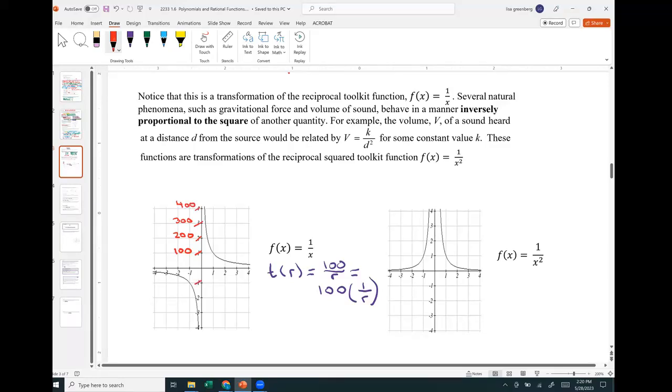This would be negative 100, negative 200, negative 300, and negative 400.